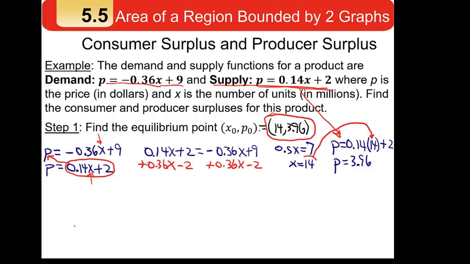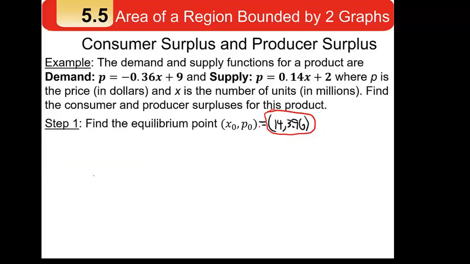So the first step in finding either the consumer or producer surplus is to find the equilibrium point unless it's given to you. So now we have it, and we need to find both the consumer surplus and the producer surplus. I chose to do the consumer surplus first.